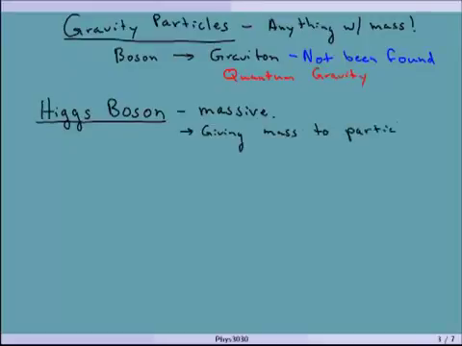Okay, so in the earliest versions of particle physics theory, most of the particles didn't have mass, or you put it in ad hoc, you just put in what the mass was. But the Higgs is the particle that gives mass to the particles.